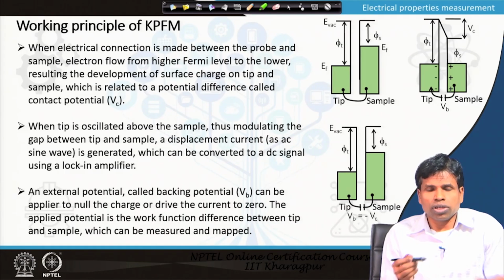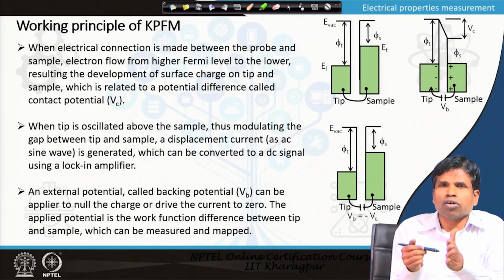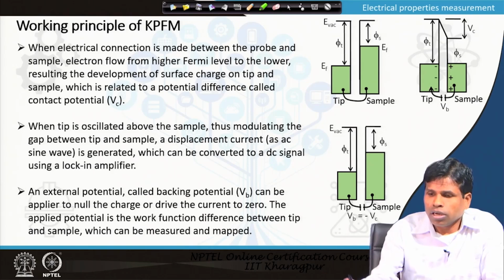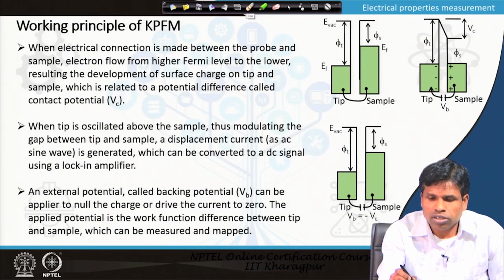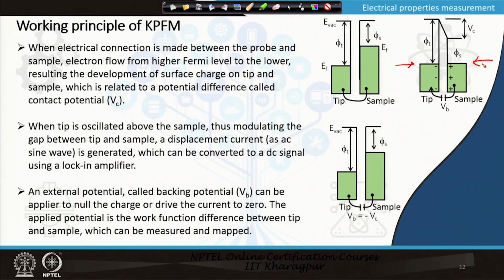And if you look at the working principle, if the tip and sample are two different materials, and once they come close to each other, then electrons will flow from the higher Fermi level to the lower Fermi level, thereby creating a surface charge at the interface between the sample and tip to maintain the same energy level in the diagram. This creates a potential difference because of the charge at the interface.